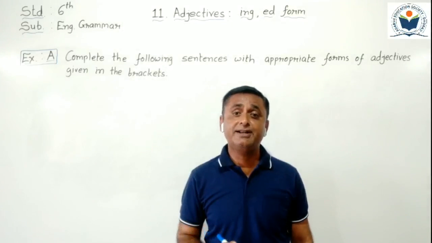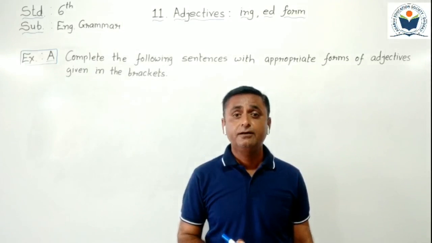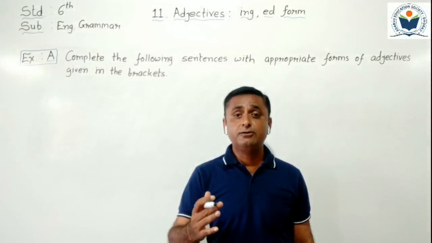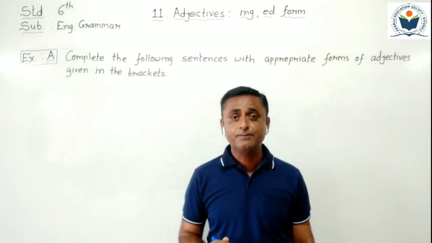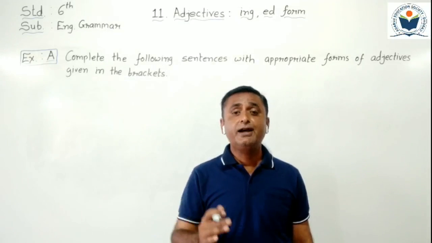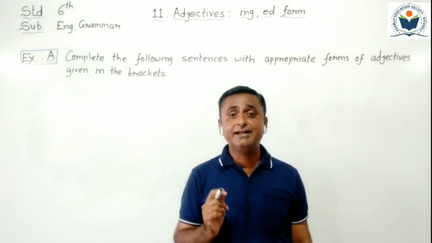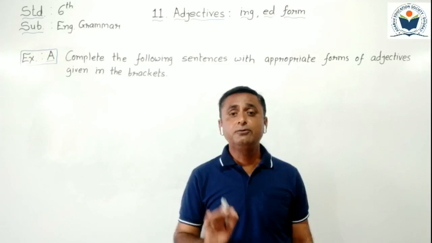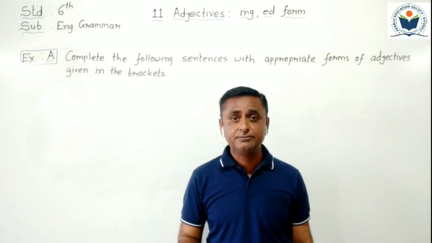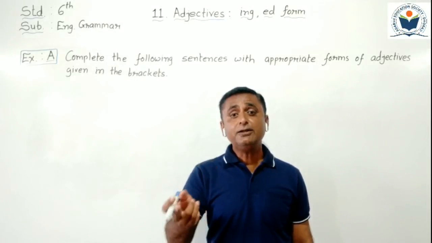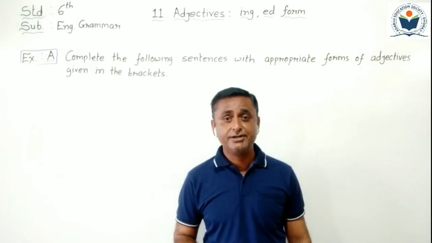The appropriate form of adjective we have to put here. If we are talking about describing any things, then we have to use ing form. And if we are talking about feelings and emotions, then we have to use ed form of adjective. Understand? Based on that, we have to do exercise A.